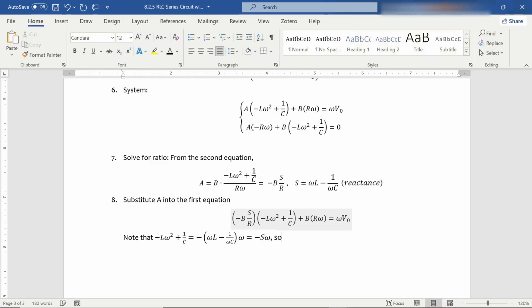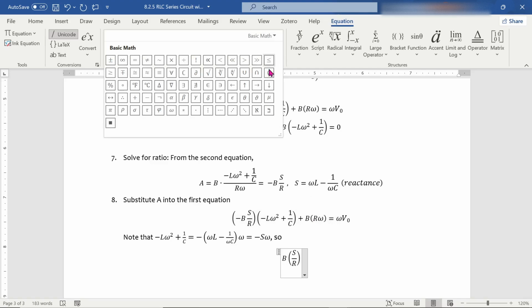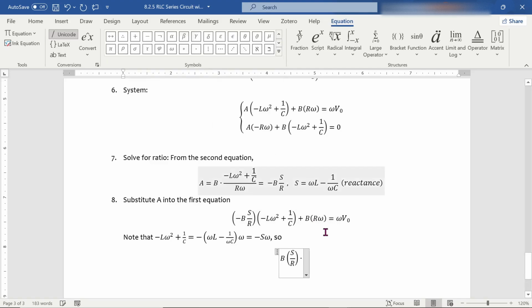So we have B times S over R times S omega plus B times R times omega equals omega V naught.